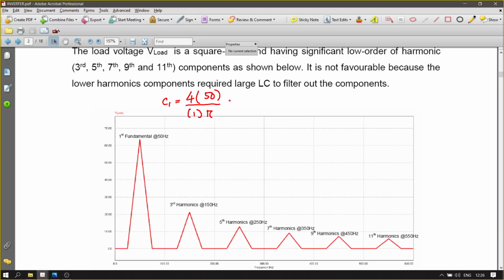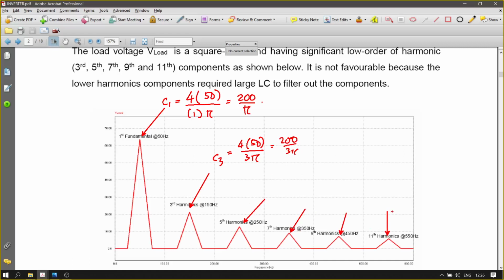If you calculate that, it will be 4 multiplied by 50 is 200 divided by pi. That gives you C1. And next you have C3, which is 4 multiplied by 50 over 3 pi, 200 over 3 pi, and you can find the rest as well.